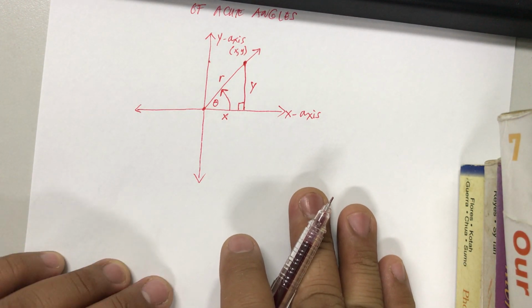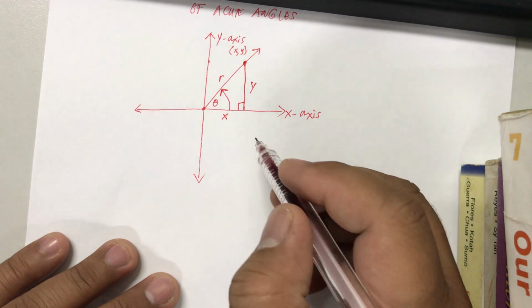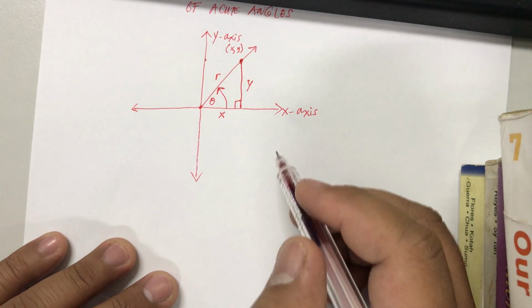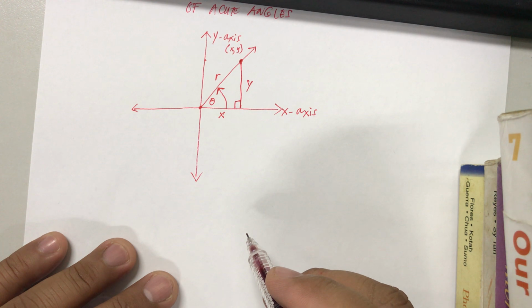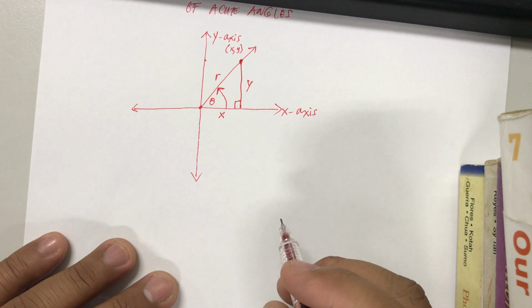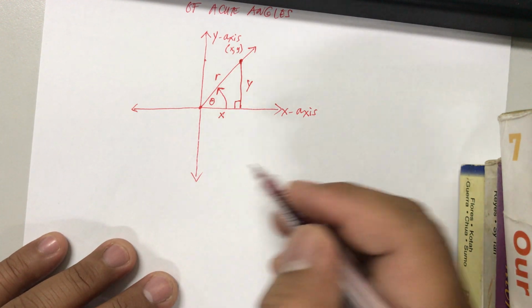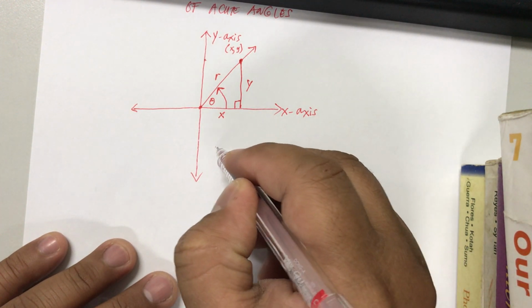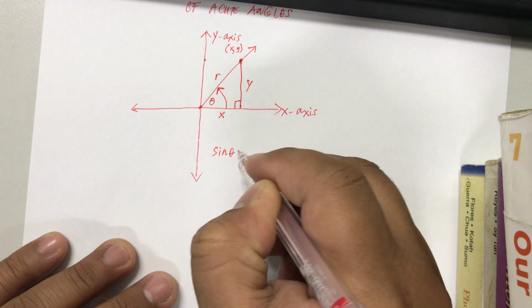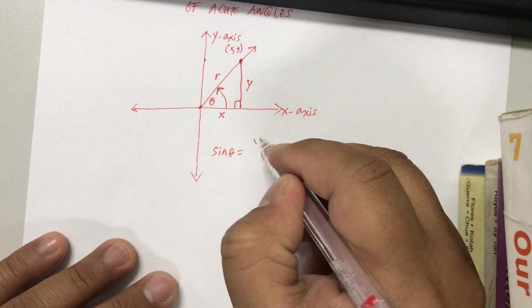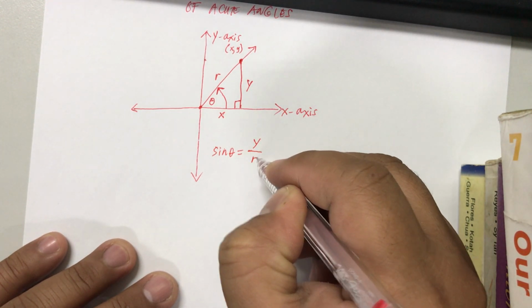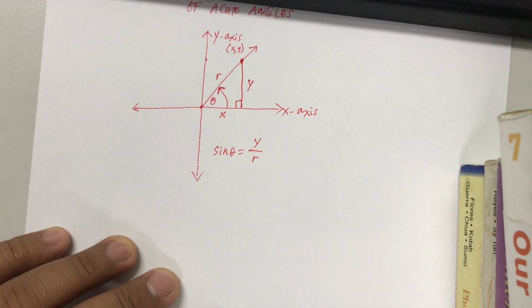Based on our previous discussion, we have already discussed the definition of the 6 trigonometric functions. So sine theta is defined as y over r. Take a look.